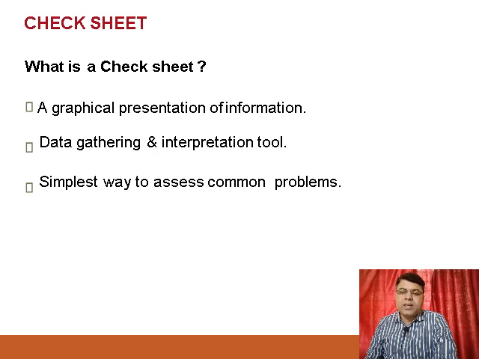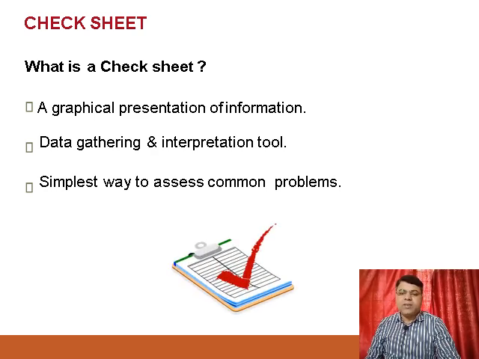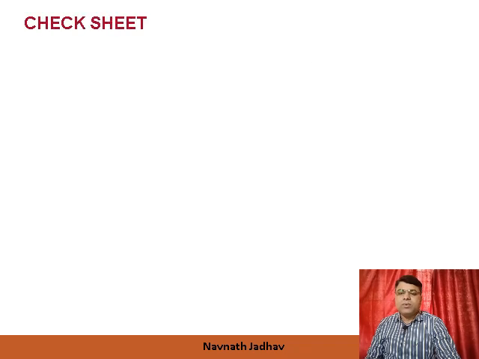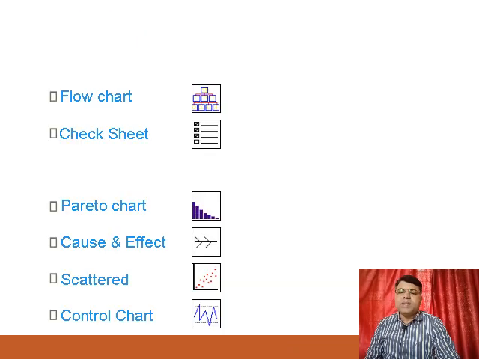So it is a graphical representation format or data gathering sheet, and it holds a lot of data collection. This data we can use for the next step of problem solving. So this is a basic problem solving tool we can use for data gathering.